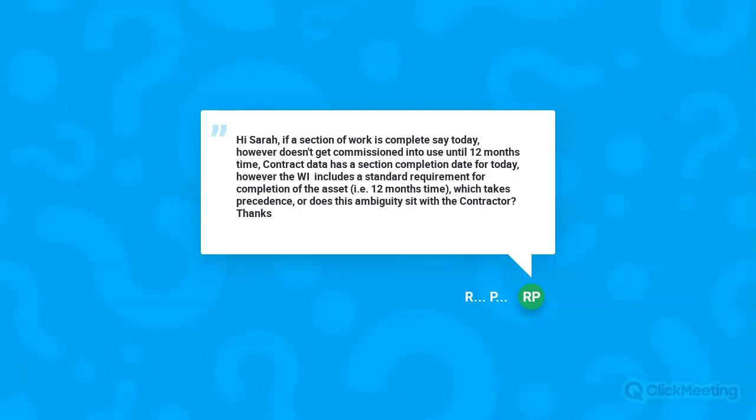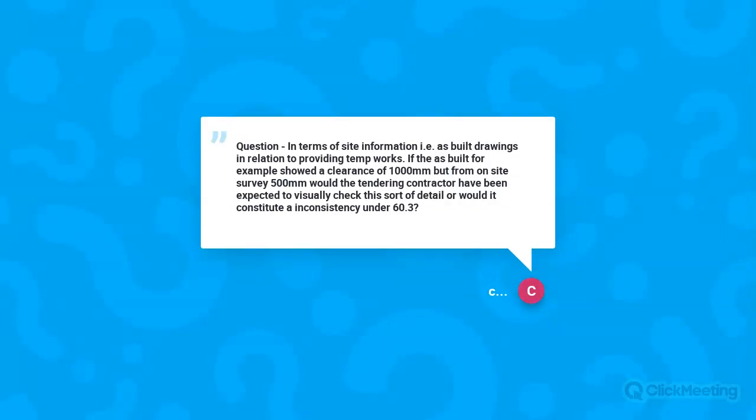If you're aiming for completion by a certain date, and then it's going to be used for 12 months, or for whatever reason commissioning can't take place until 12 months later, then I think if the wording isn't very clear, a court would step in and use this business common sense approach and say, come on, guys, let's be sensible here. Clearly, you can't be claiming any damages waiting for commissioning to take place, because it's a bit of a chicken and egg. So hopefully I've interpreted that question correctly.